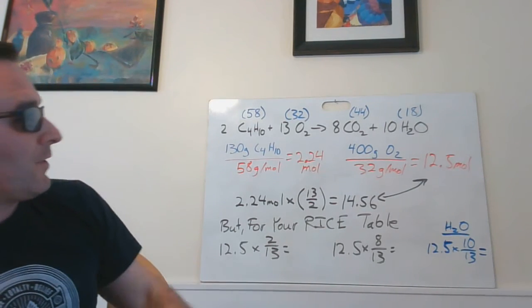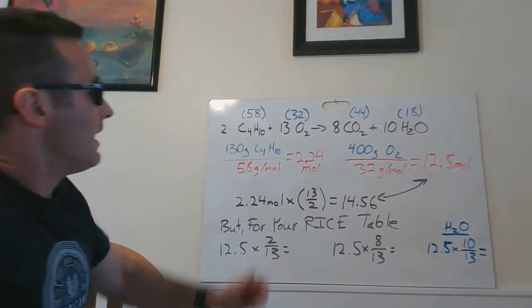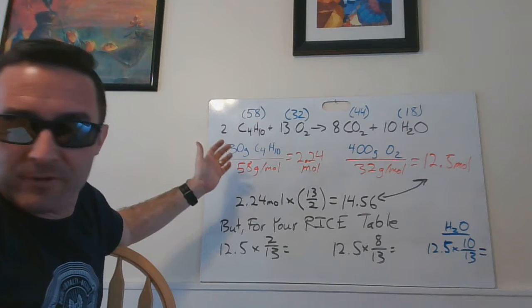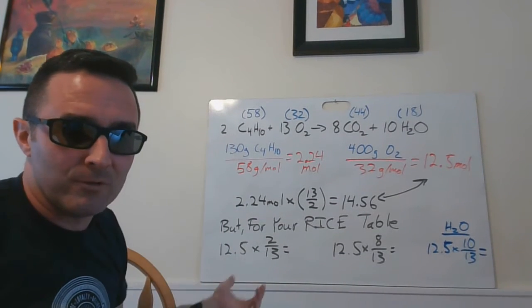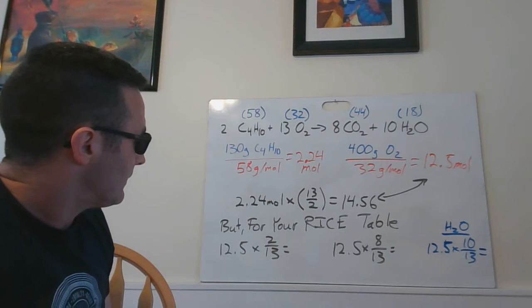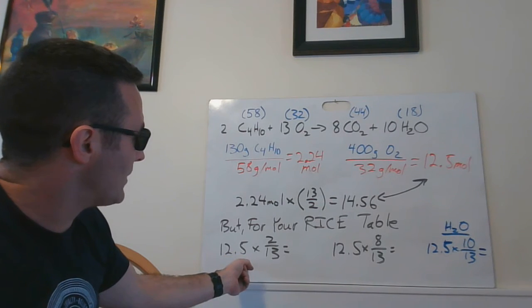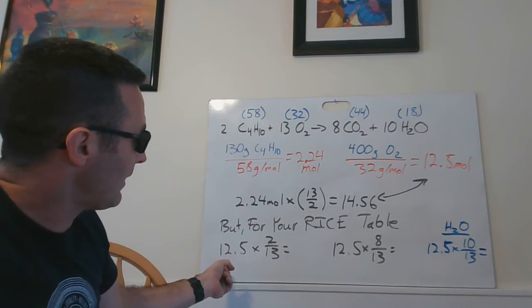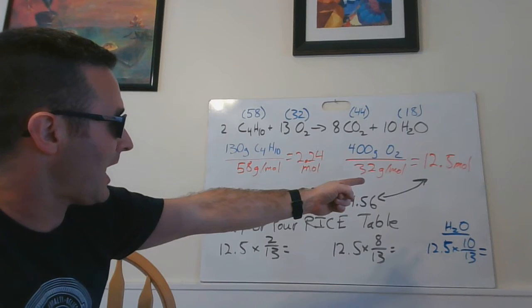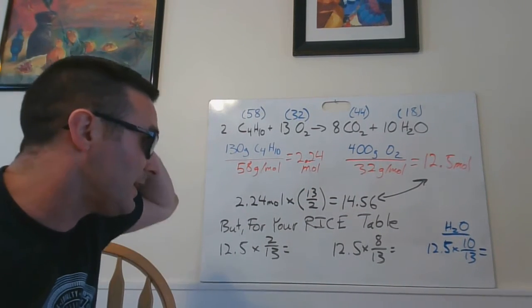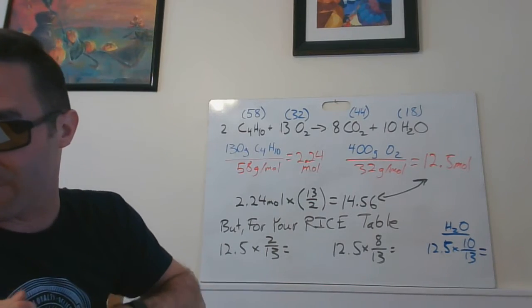So now we've got to figure out for a second, oh crud, I don't have 1s and 2s in here. I need to figure out what are the moles that go into this. Okay, well how much butane is actually going to disappear? Well, I've got to use my relationship based off of how much oxygen I have. Well, 12.5 times 2 divided by 13, because I've got to use my molar relationship now.